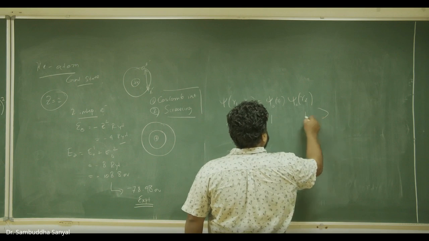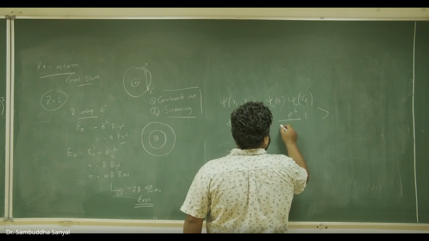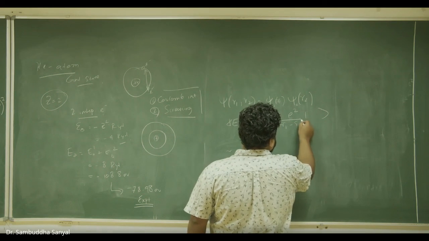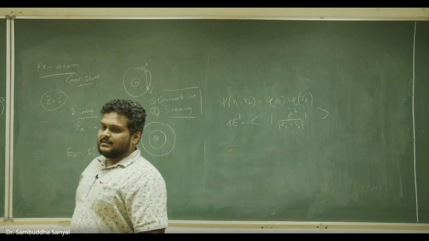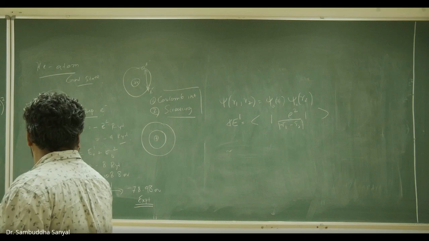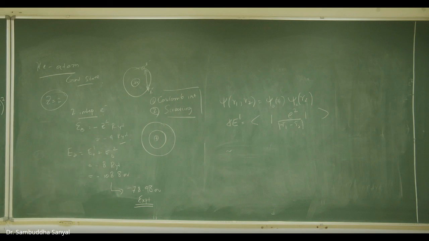Put this wave function in and try to calculate this term, and that is where we will start. And then we will add the effect of screening variationally. So first we will do perturbation theory, then we will apply the variational approach, and we will see how close we can go to the actual solution.